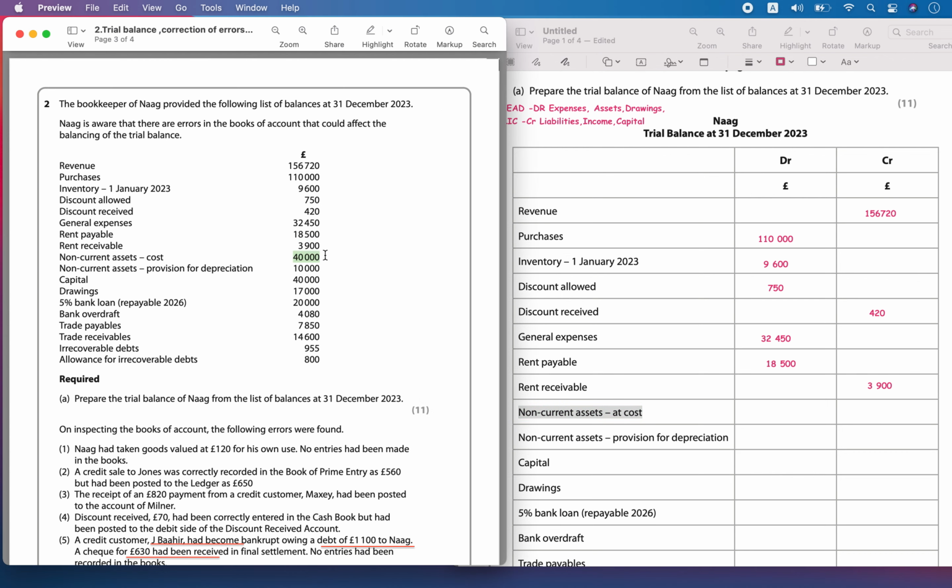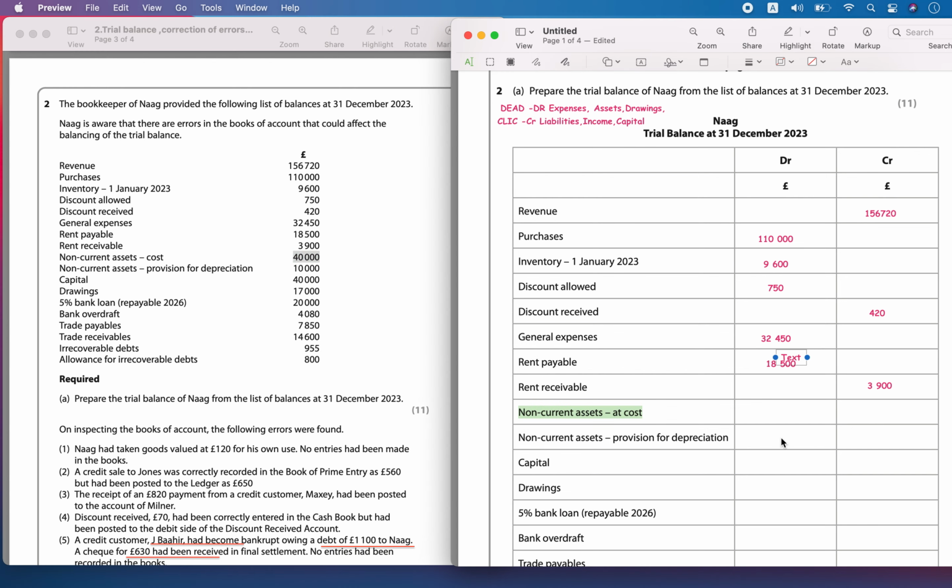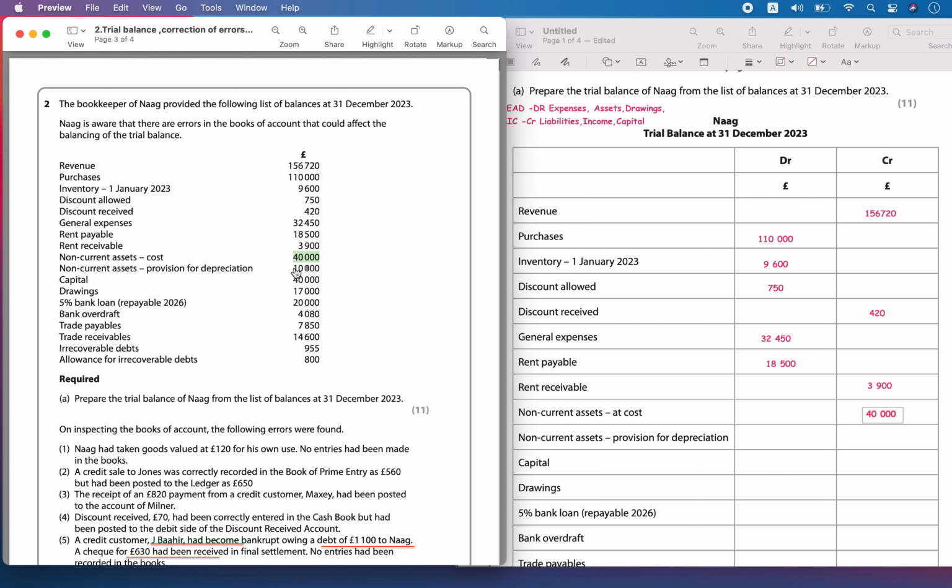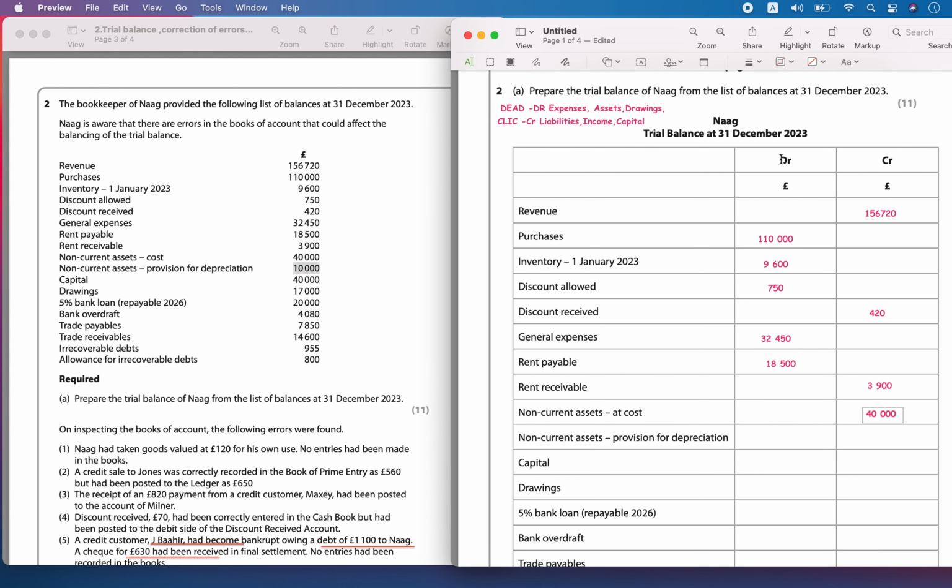So let's put that. Then you have non-current assets provision for depreciation. So where will you put this? It's the total accumulated provision. So let's put it under the credit balance.